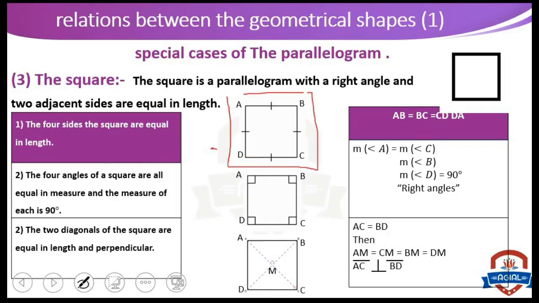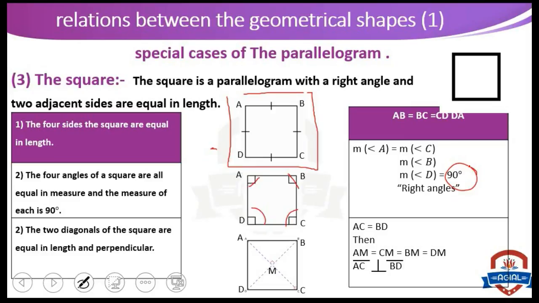The 4 angles of a square are equal in measure and each one equals 90 degrees. So A equals B equals C equals D equals 90 degrees.